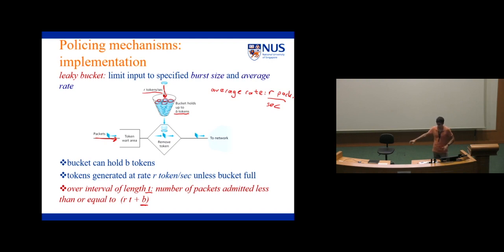If my bucket is full, I can serve all the B packets first, and then over a time of t, because the tokens to the bucket are arriving at R tokens per second, I can also serve R times t number of packets. So this gives me the total amount of packets I can admit over a time interval of t, Rt plus B.